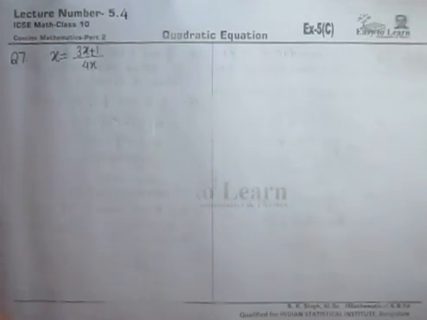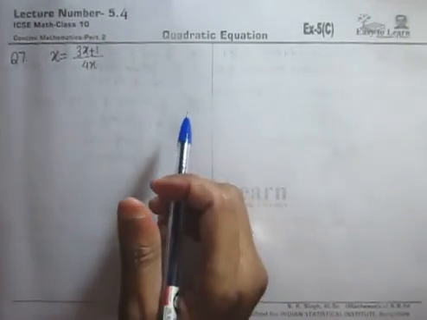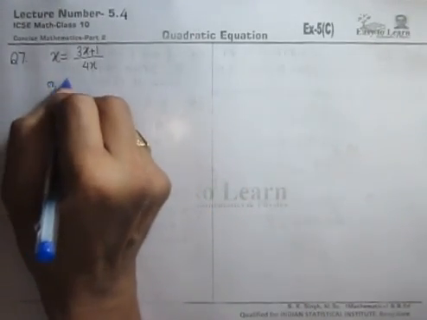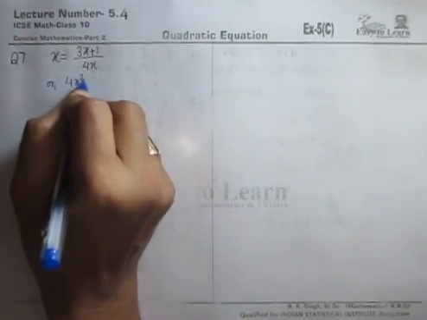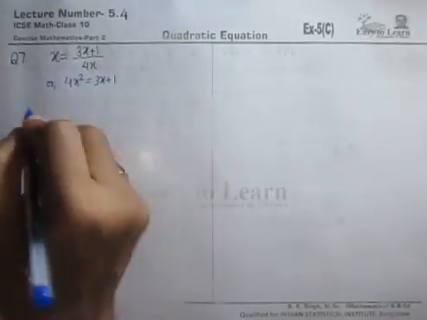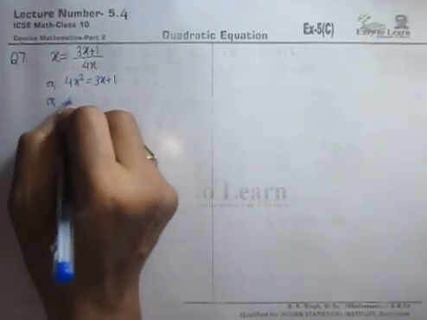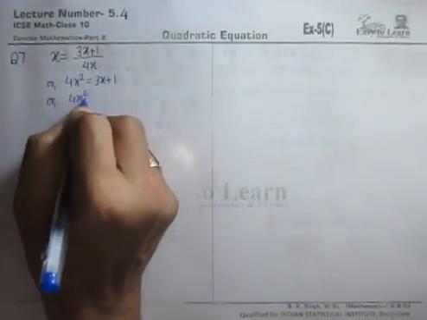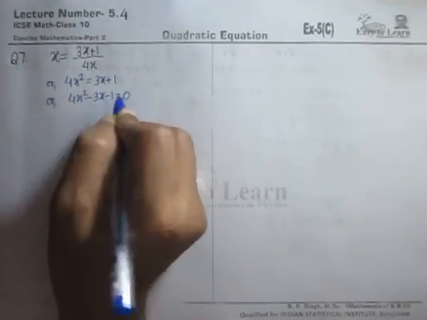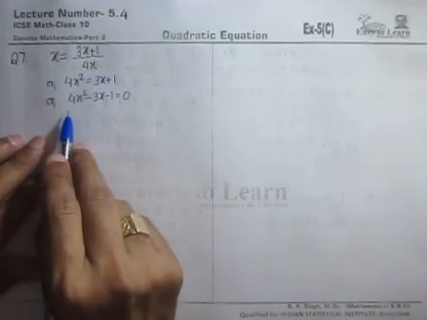So first of all, arrange this equation in general form. So it will be 4x square is equal to 3x plus 1 after cross multiplication, or 4x square minus 3x minus 1 equal to 0. So this is in general form.